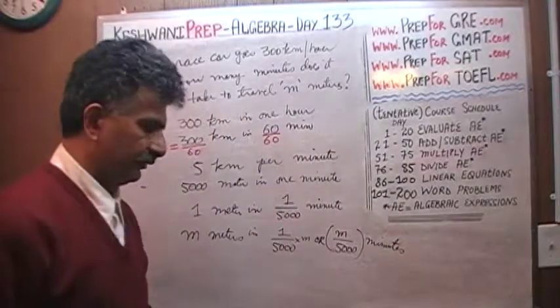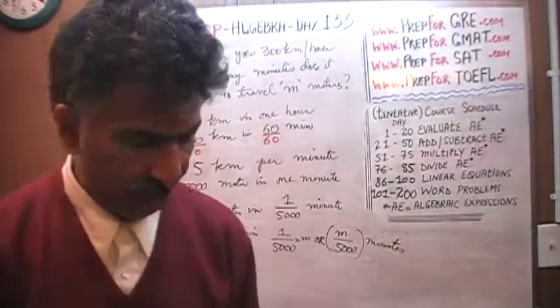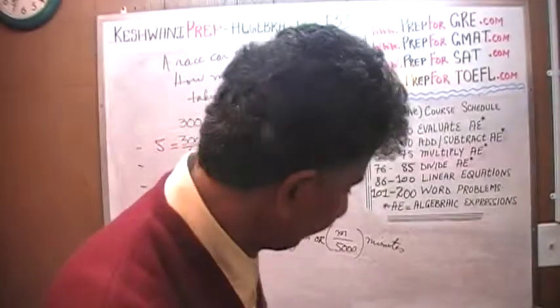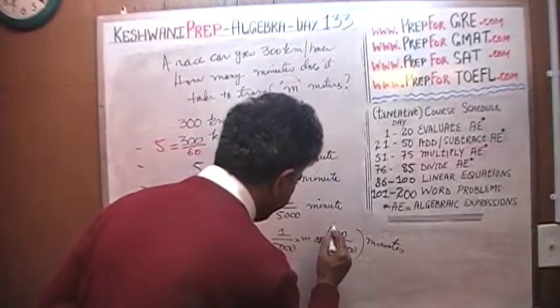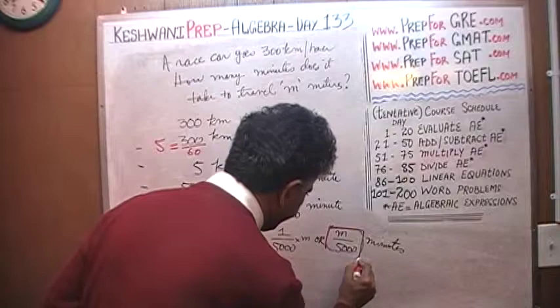That is our final answer. Our final answer is m/5000. Let's put a box around it. Let's save it. There you go.